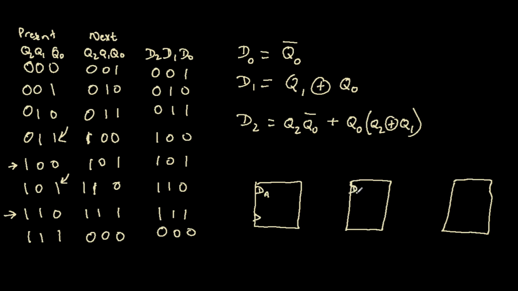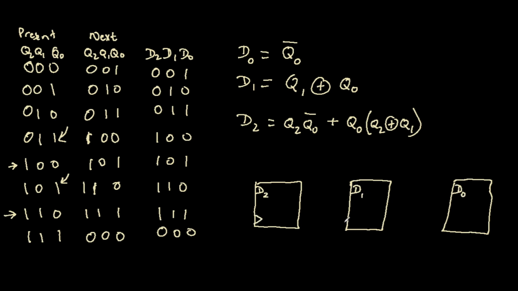I may have to split the circuits a bit. Sorry, I'm writing DA. This should be D. Because we're used to reading things MSB first and then LSB last, I'll put my D2 here, and this will be D1 and my D0.